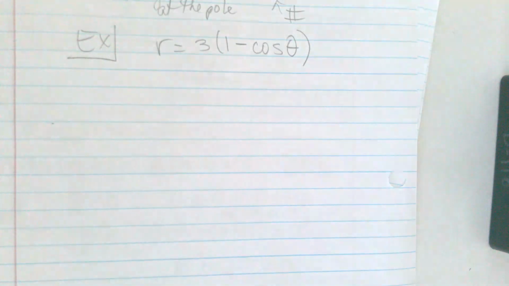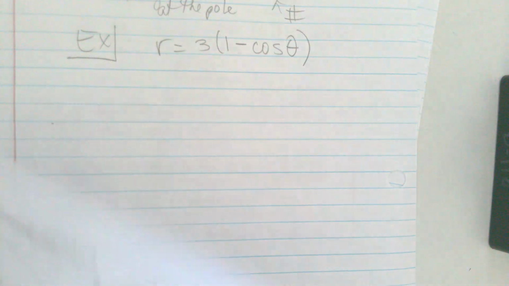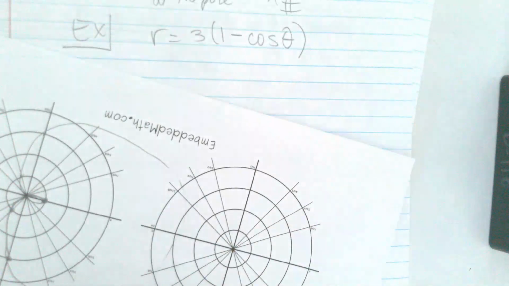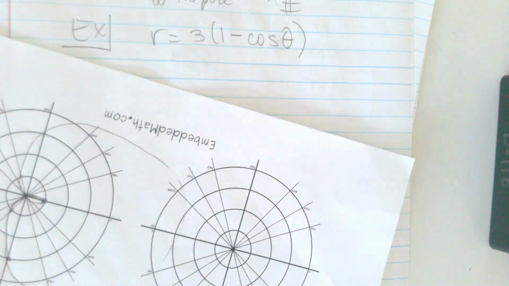Can we sketch the graph of this polar equation by hand? Y'all got your graph sheets handy? Oh, I bet you never got one, did you? There were a couple on mine.